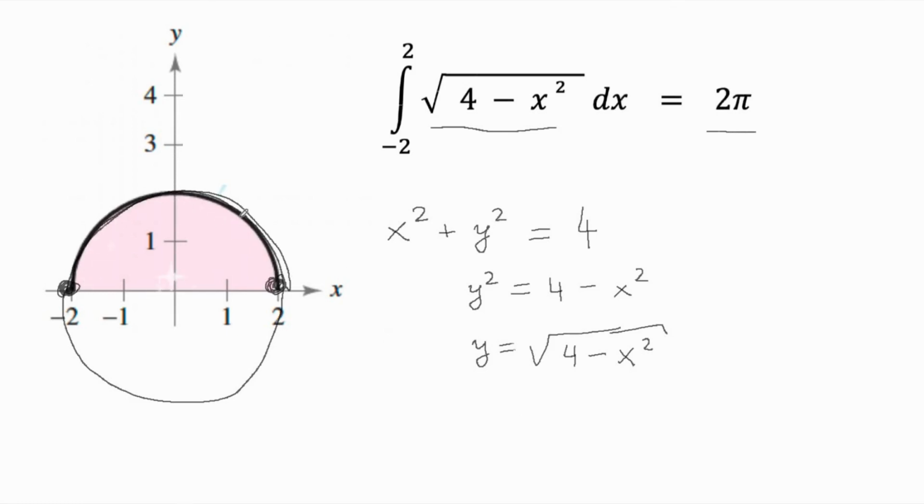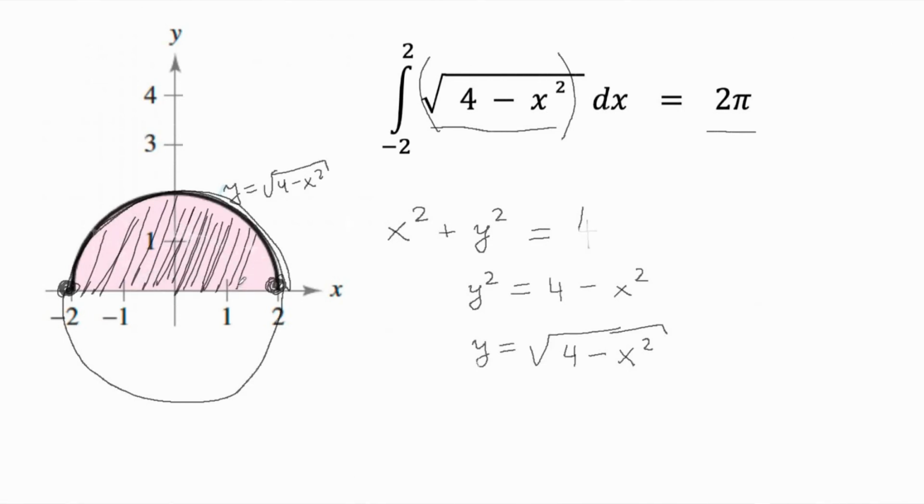So the function is y equals the radical of 4 minus x squared, which is exactly the function that I wanted to integrate from negative 2 to 2. And so the definite integral is simply the area of this semicircle, which is exactly 2 pi.